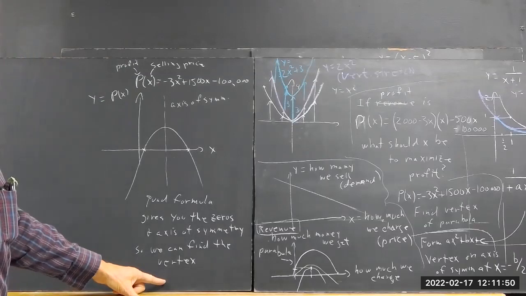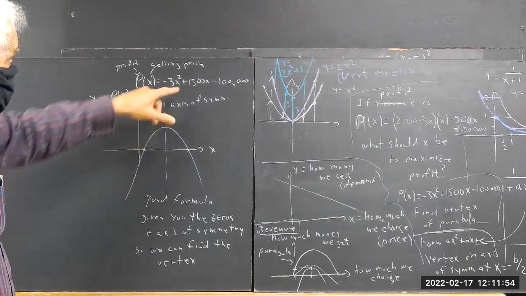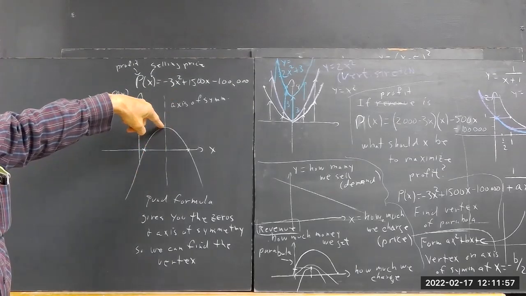So we can find the vertex. You know the axis of symmetry, you just plug the x for your axis of symmetry into your function, and it tells you what y is.